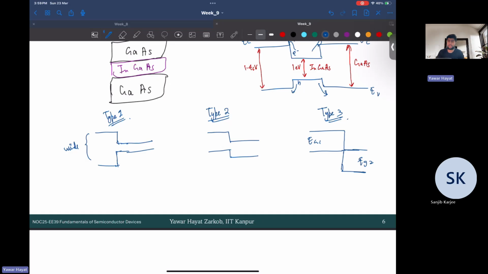See, in type 1, notice your conduction band and valence band. They are positioned entirely... wait, this is your straddling.